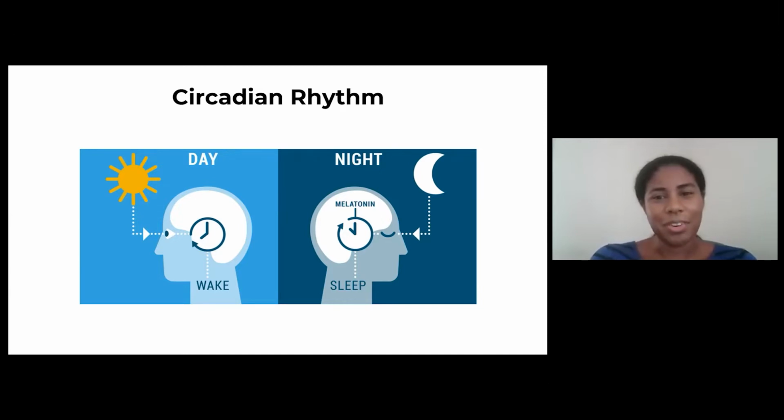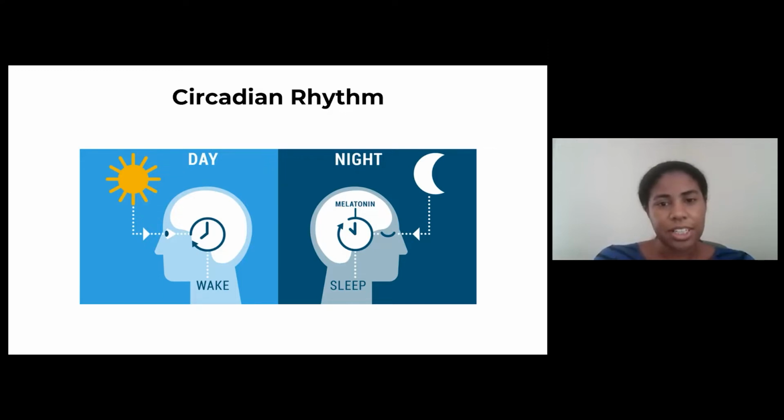It depends on the person, but it's not exactly 24 for humans. Our circadian rhythm is housed in a part of our brain called the suprachiasmatic nuclei, which is in the hypothalamus. And that's considered really our master clock in our brain.